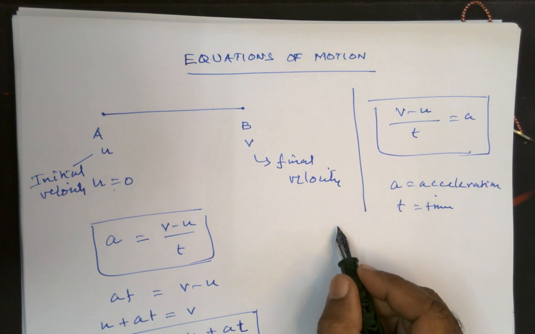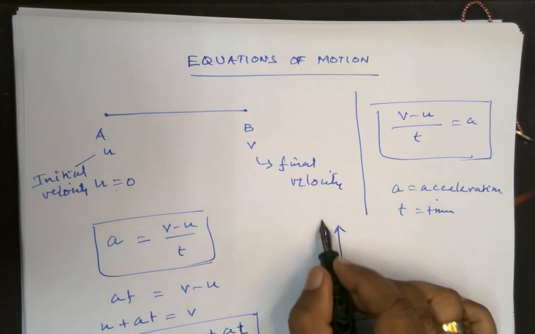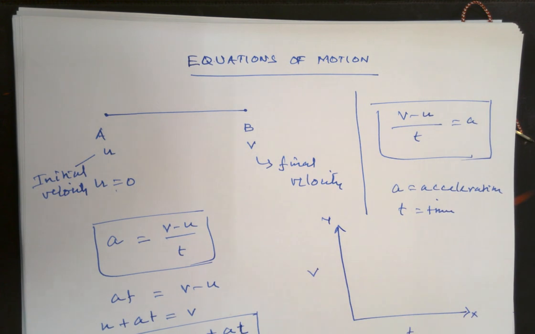Let us consider this graph, the velocity time graph. This is t on the x-axis, this is the y-axis, and that represents the velocity. This is 0, the origin. Initially the velocity is u, and after t seconds the body reaches some velocity here.